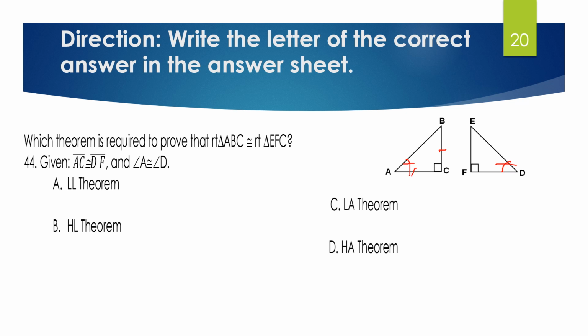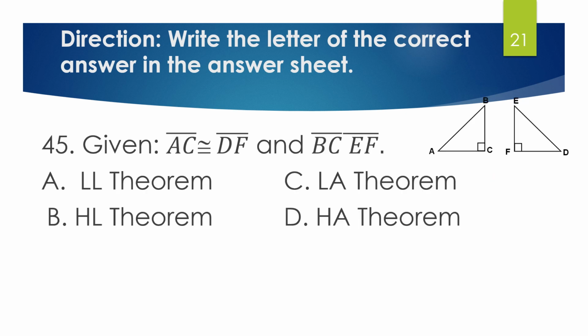AC is congruent to FD or DF. So that is the leg angle theorem. Next, we have AC congruent to DF and BC congruent to EF. So this is the leg leg theorem.